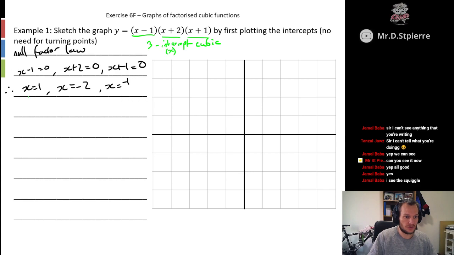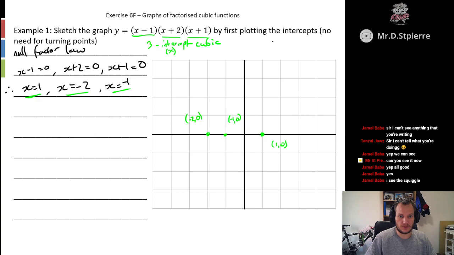So we can plot those in. I'm going to mark these intercepts with green. The first one is at (1, 0), that one there is at (negative 1, 0), and our last one is at (negative 2, 0). So we have our 3 intercepts.